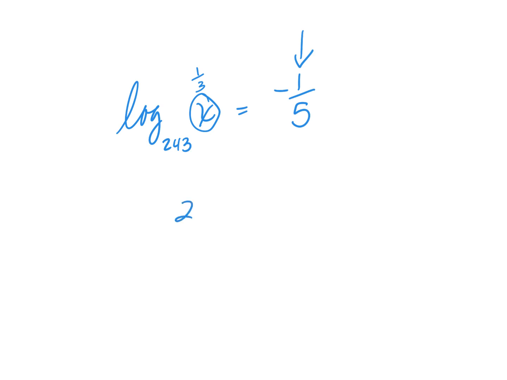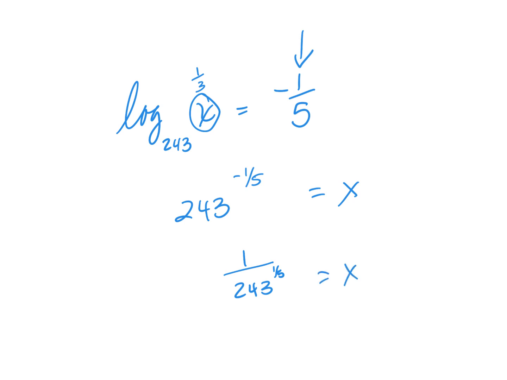So you've got 243 to the negative 1/5 equals x. Now you have a negative exponent, so I can turn it into a positive exponent by putting it downstairs, and that equals x.